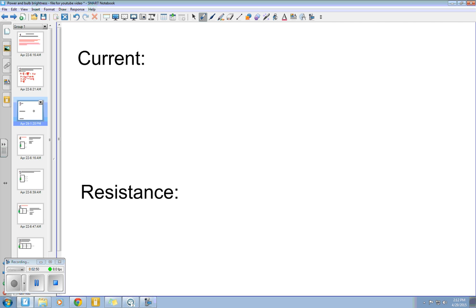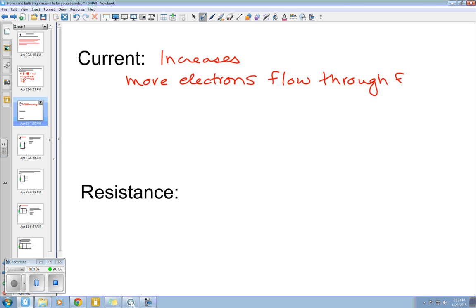So if current increases, then what that means is that more electrons flow through the filament. I think filament has one L. I'm a physics teacher, not a speller.